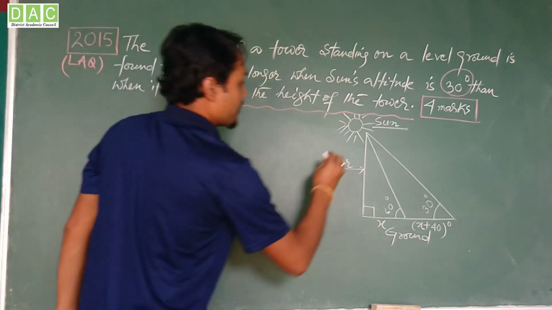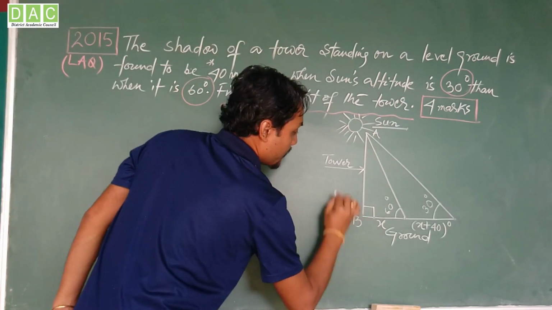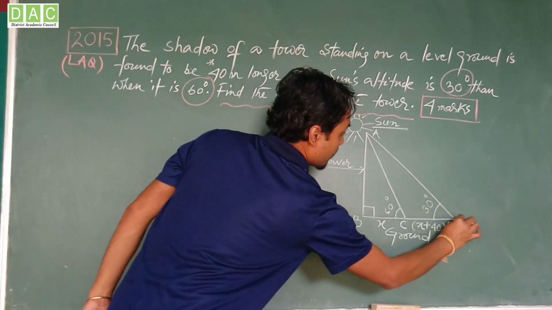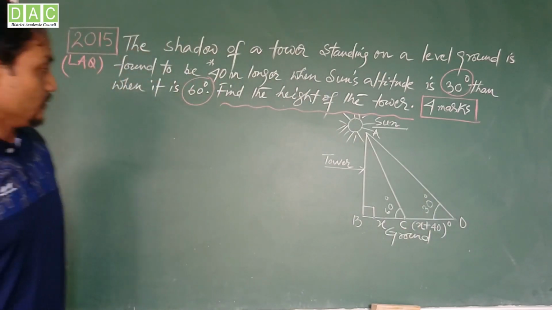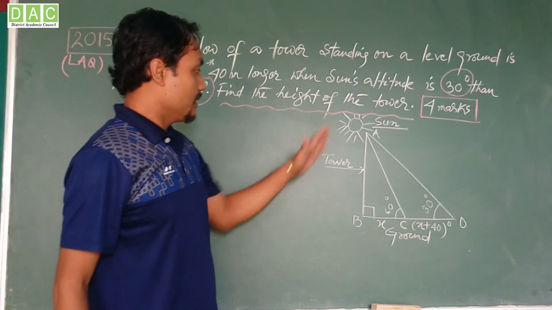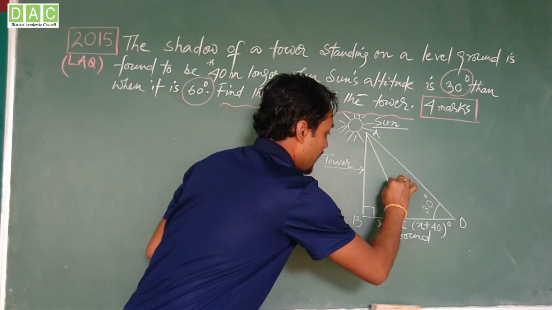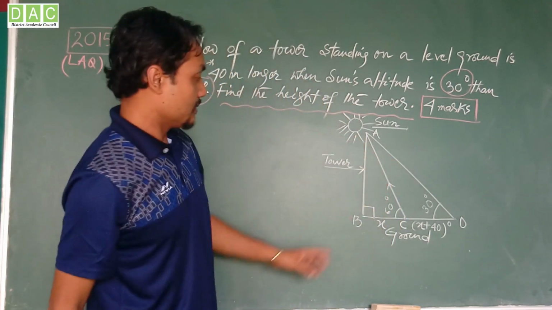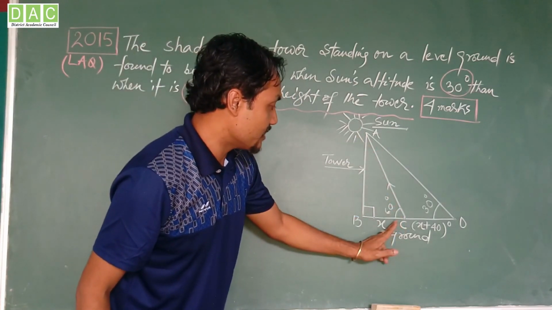Now we just mark the figure. Say this point is A, B, C, D. Let us see once again how the figure is formed. First you draw a right angle triangle, and this is the sun's altitude. Then this is the line of sight at 60 degrees.